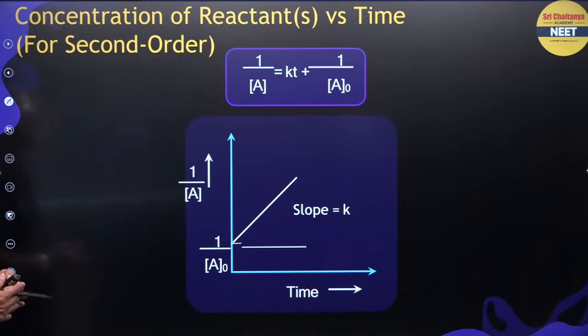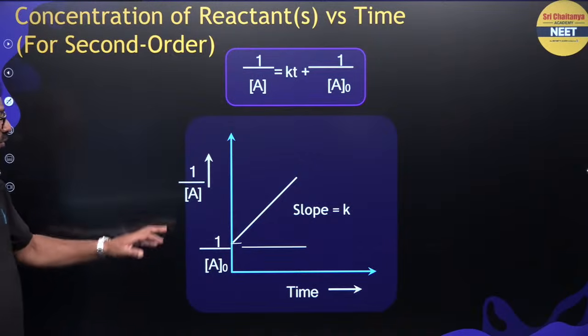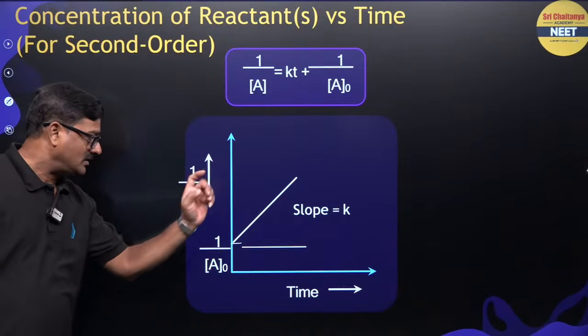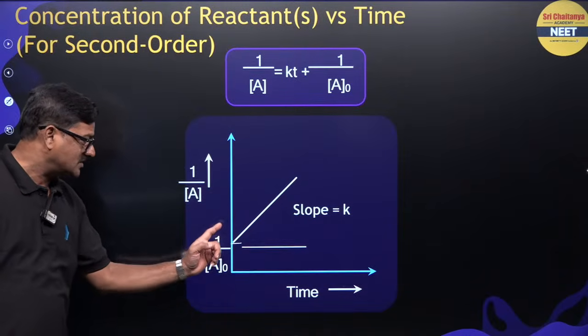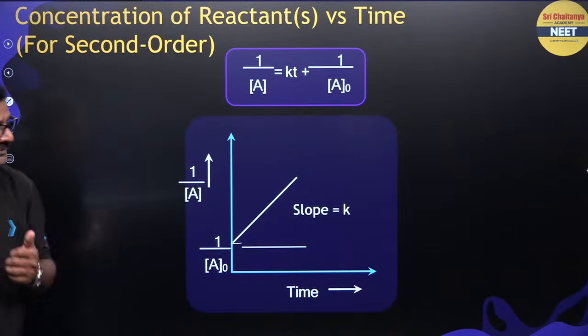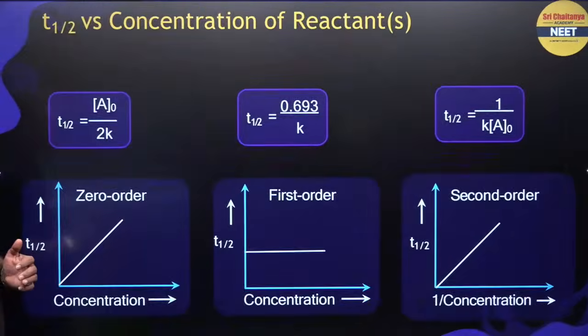And also for second order, 1 by A versus time is going to be a straight line with a positive slope, and the intercept is at 1 by A0. Okay, and this is about the graphs.